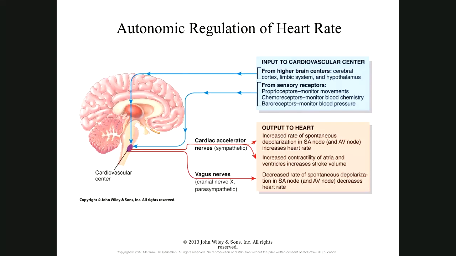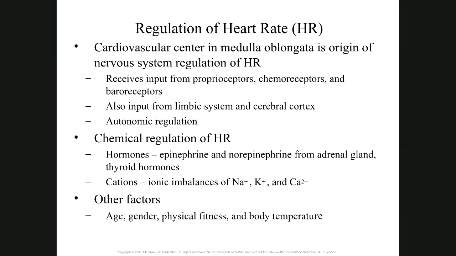And the regulation of our heart rate: the cardiac center in the medulla oblongata is the origin of the nervous system control which can regulate our heart rate. It can receive different inputs from our proprioceptors, chemoreceptors, and baroreceptors.